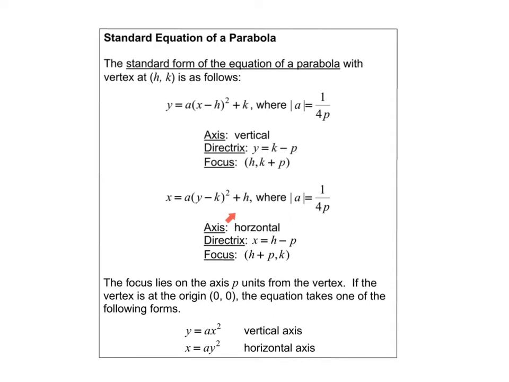This is the form that it takes on if it is not a function, but it opens to the right or to the left. This is a function, so we studied this form when we did functions in the fall. This one is not a function. If you have y equals x squared, you're going to get a parabola that opens up or down.